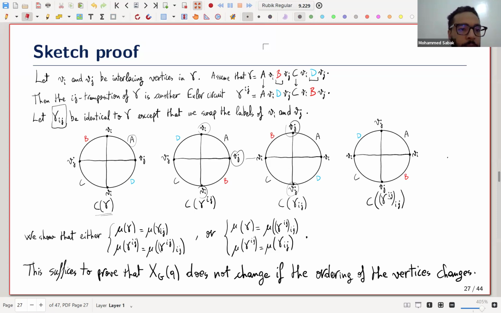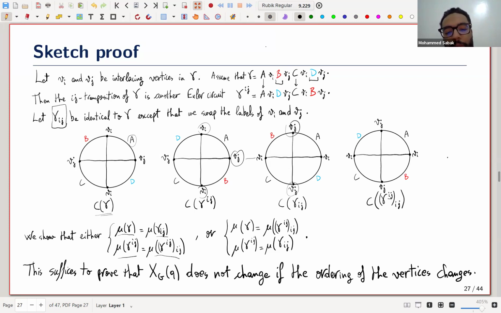What we show is that the weight of gamma will be equal to the weight of the swapping, and the weight of the transposition will be equal to the weight of the transposition after the swapping of labels.